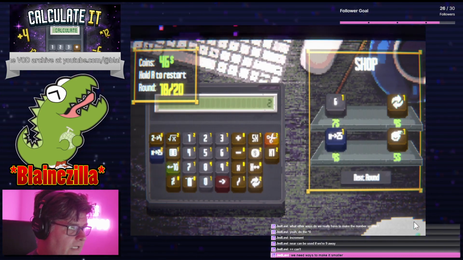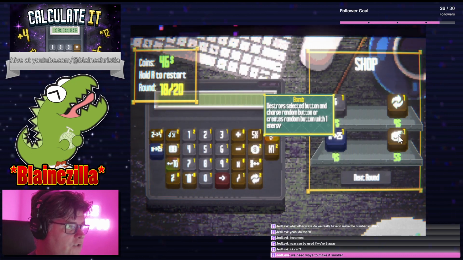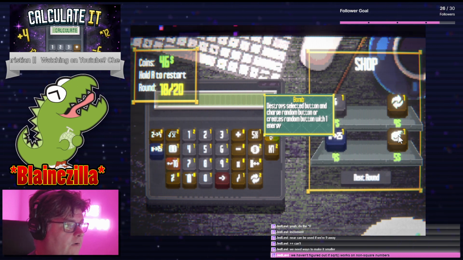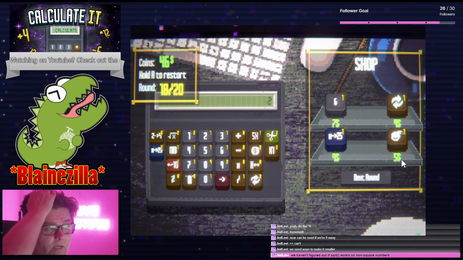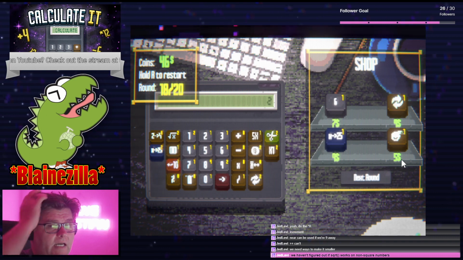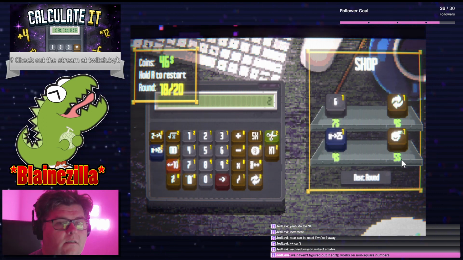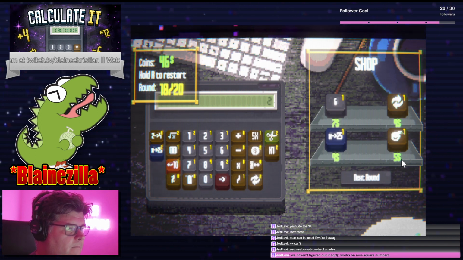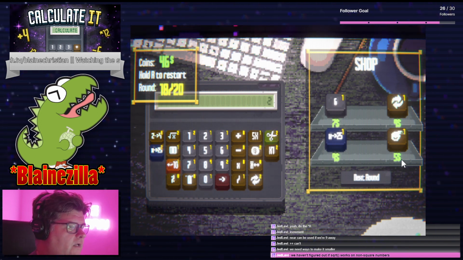All right, so we'll take him and then destroys selected button and charges random button. We haven't. That's why I was like the whole time, like, if we get a decimal, then I think that's just okay. We lost because we have no easy way to clear it off. And with how close we are, I don't want to experiment on that.